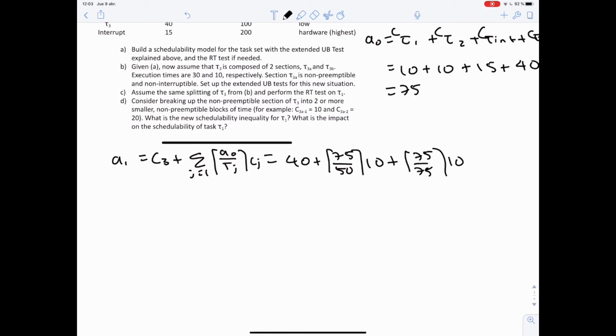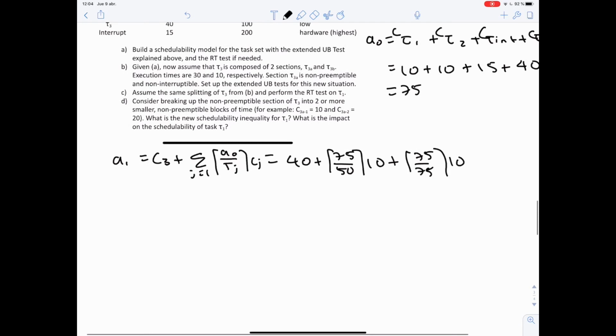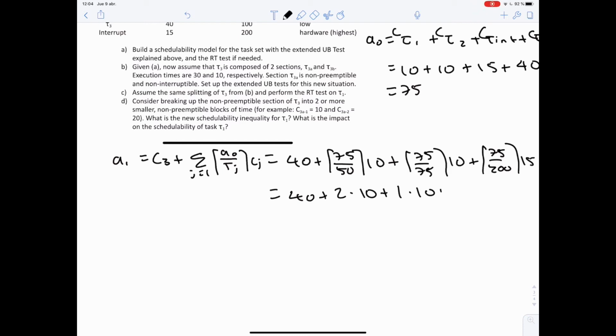This comes from task 2. And again, remember that we plug in A0 in there. That's why it's 75. And we have 75 over 200 times 15 because this is the interrupt. And what this ends up giving us is the following. So we'll have 80 plus, we have 60 plus 25, which is 85.